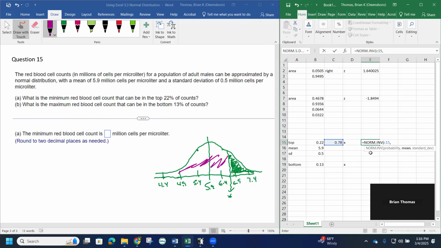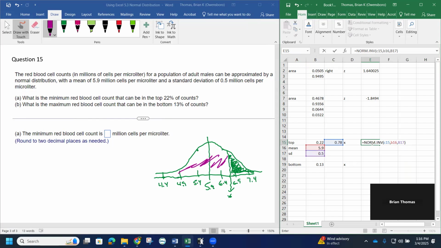The mean was the 5.9, which is B16. And then the standard deviation is the 0.5, which is B17. And if I close out the parenthesis, we have those going on.